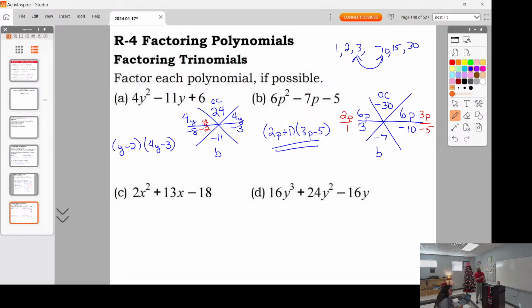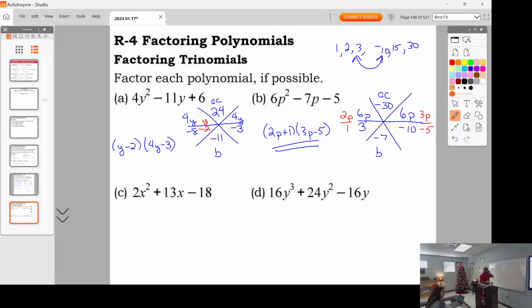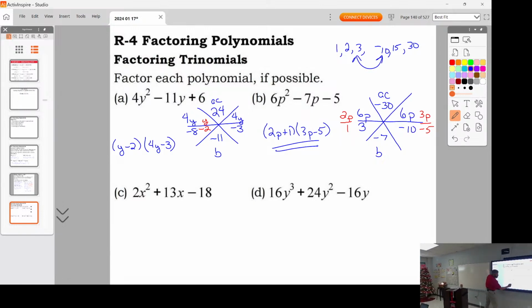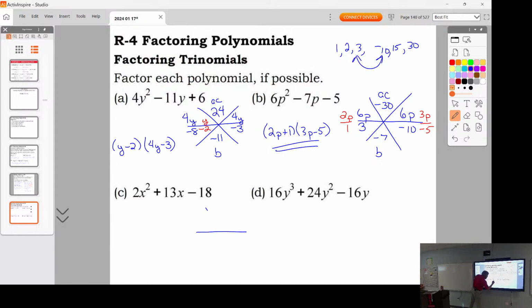Part C. Greatest common factor? No. Part C is 2x squared plus 13x minus 18. No greatest common factor. So we can snowflake it, see if it works.